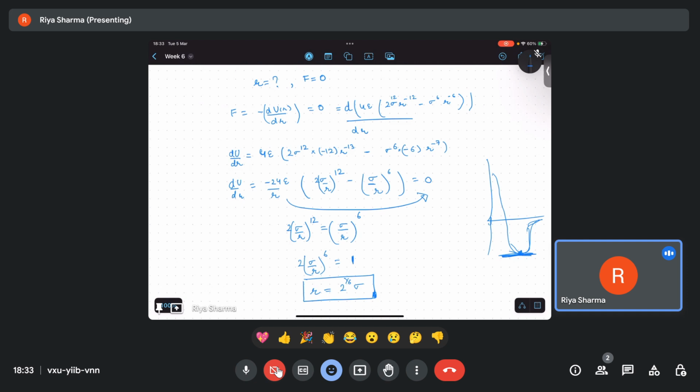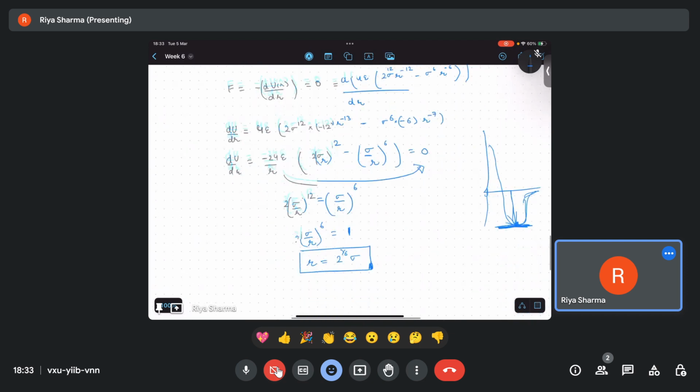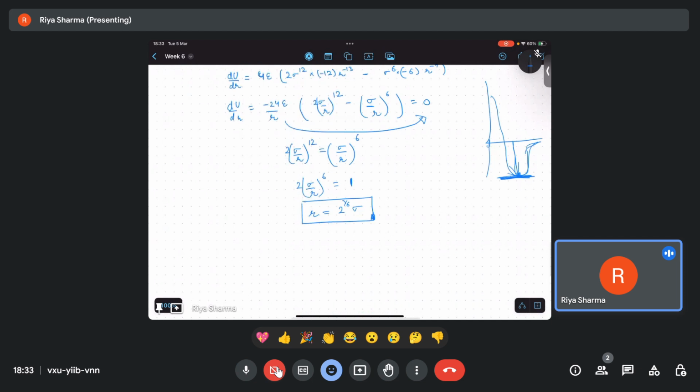They will ask for the u minimum where the force is equal to 0. Okay, are we in line? Yes, I guess so.